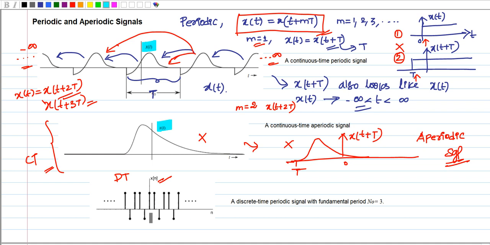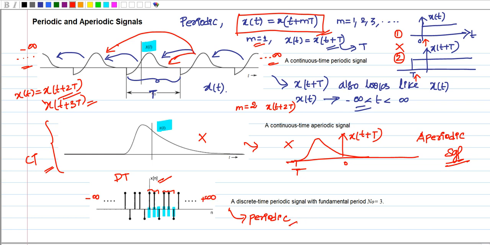This is the origin, this is 0, 1, 2, again 0, 1, 2, 3, 4, 5. If you look at this pattern, it repeats again and again. So this is a periodic signal, and it also ranges from minus infinity to plus infinity.